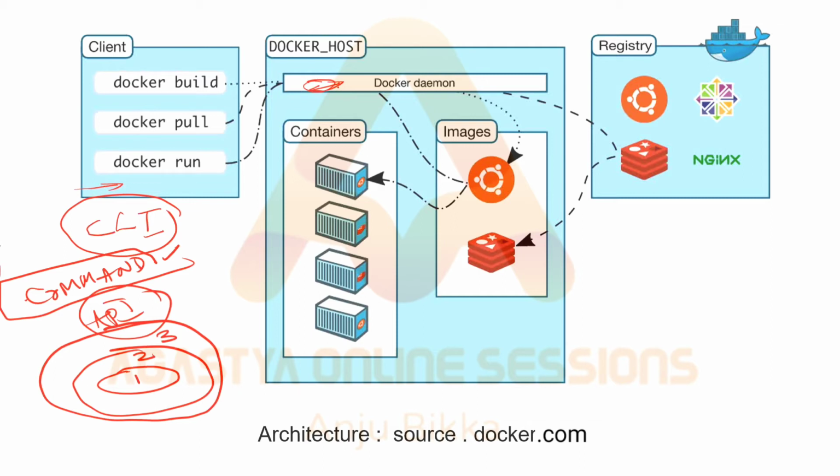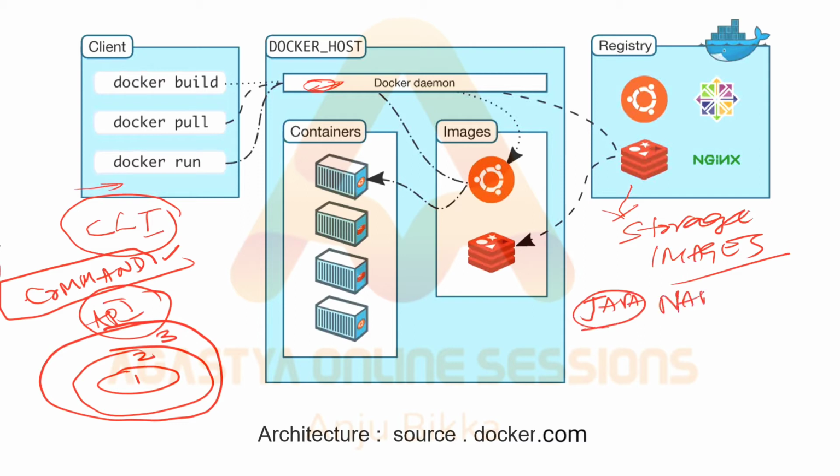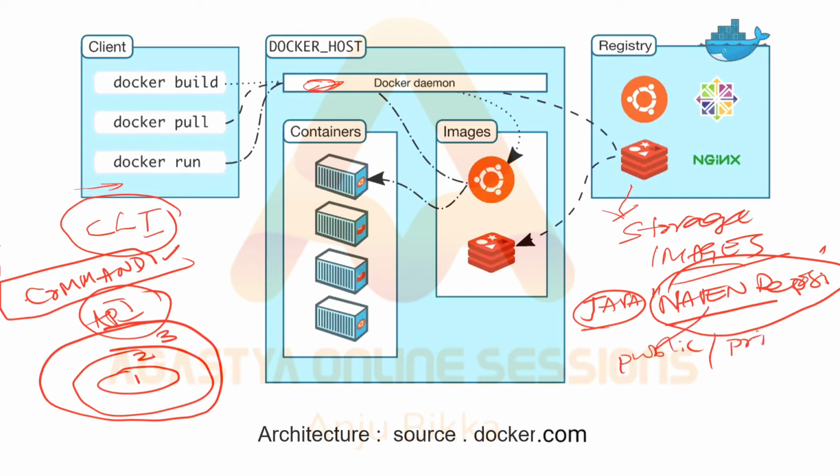Before we discuss the host, let's look at the registry. A registry is a storage location for the images. Those familiar with the Java programming language can consider this a Maven repository, which is a storage for Maven artifacts. In the Maven repository, there is a concept of public repositories and private repositories.